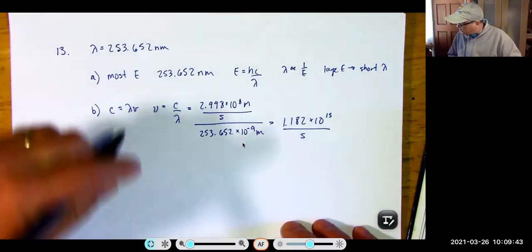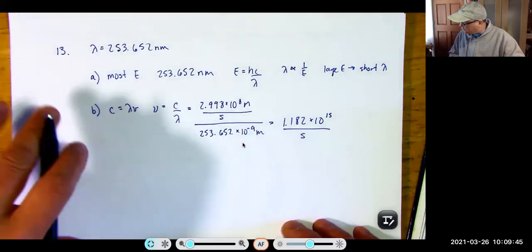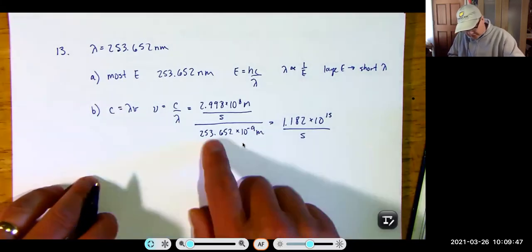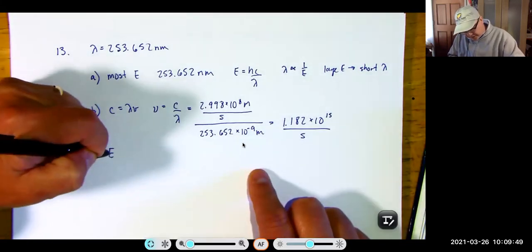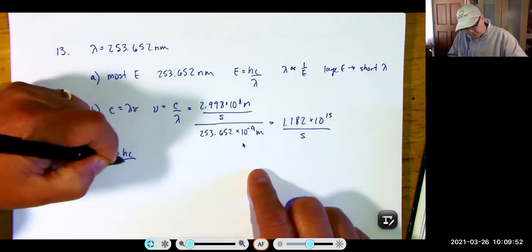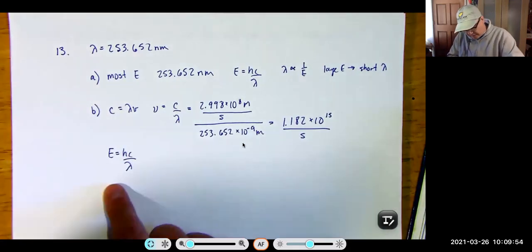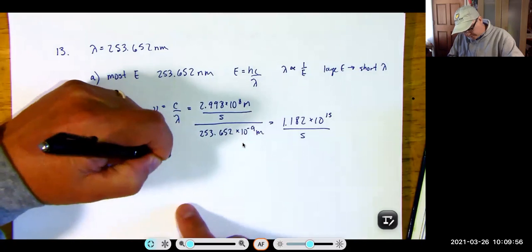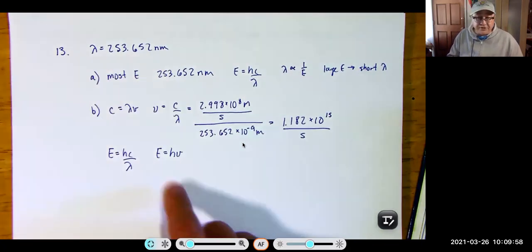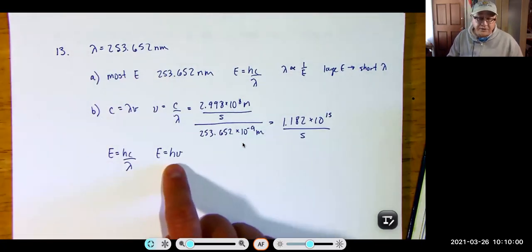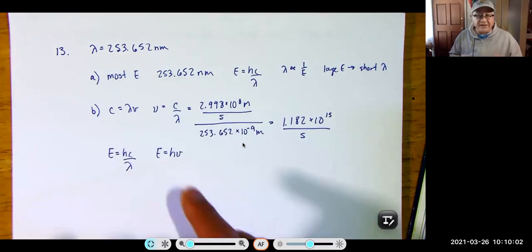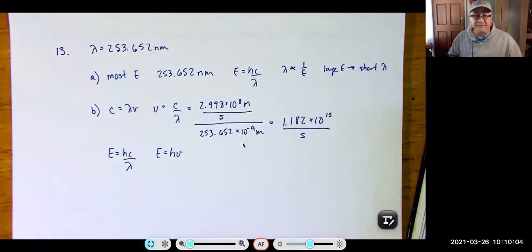Now, B also asks us, what is the energy of a photon with this wavelength? So I'm going to use not this one, I'm going to use this one. And the reason I'm going to use this one is because I only have 2 things to put into the equation. So that's one less thing for me to screw up.